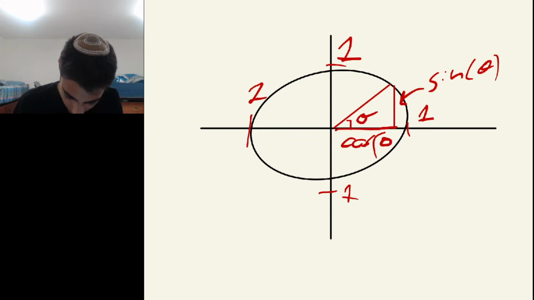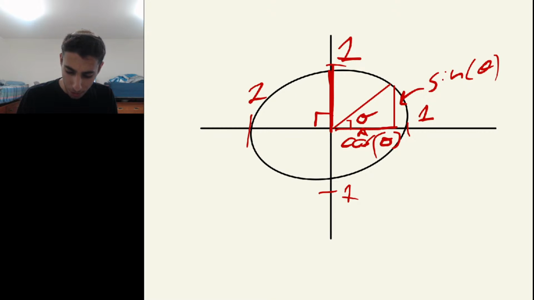That's what the function sine means. Now, 90 degrees is over here. If our angle theta comes all the way to 90 degrees, then the y component is 1, and the x component is 0. So the sine of 90 degrees is 1.